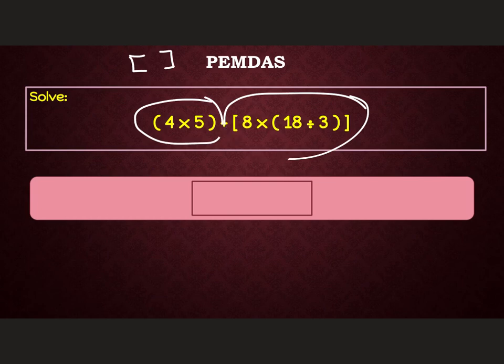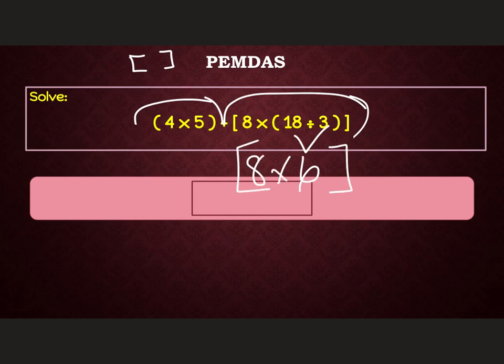Okay, so let me erase this so we can work this problem. Even though there are parentheses there, we're going to solve everything in the brackets first. So the first thing we have here in the brackets is parentheses, so we'll solve those. 18 divided by 3 is 6. So I'm going to bring down the 8 times 6 and the brackets here.